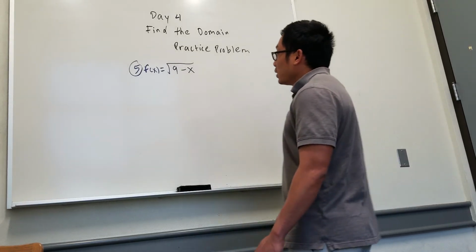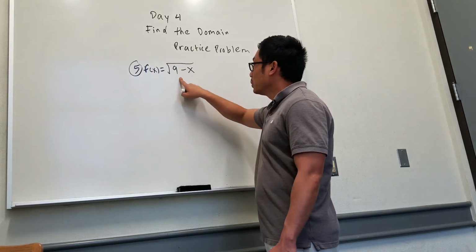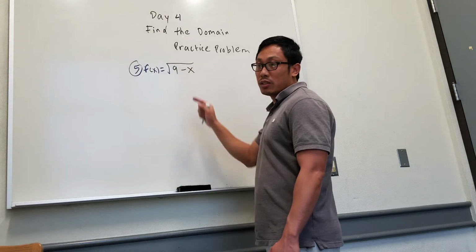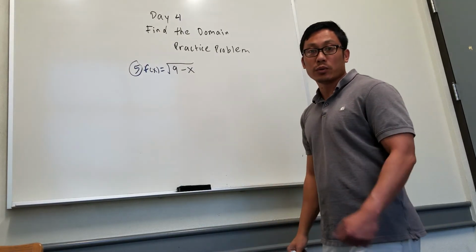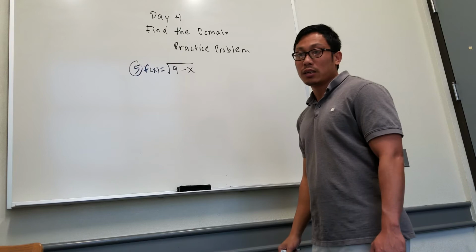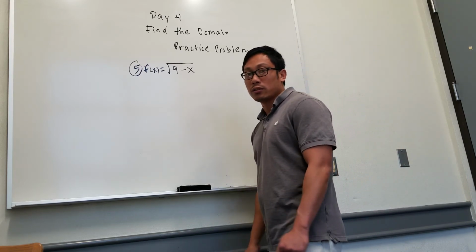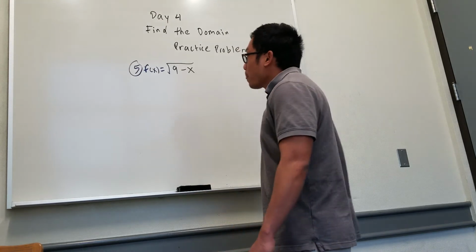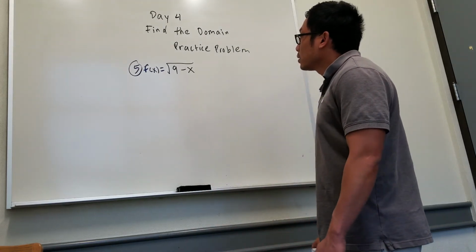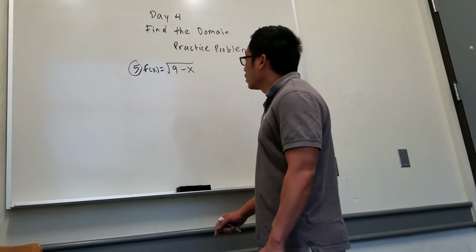The reason why is I gave an exact problem for honors pre-calculus. So if you want to find more problems, I just went over the basics, nothing complicated. So I gave 20 problems there. So go ahead and try that if you want more practice problems. So 9 minus x, right?